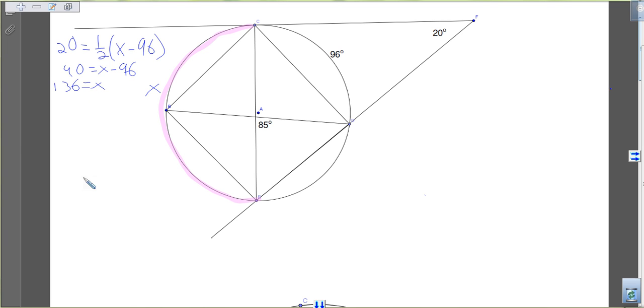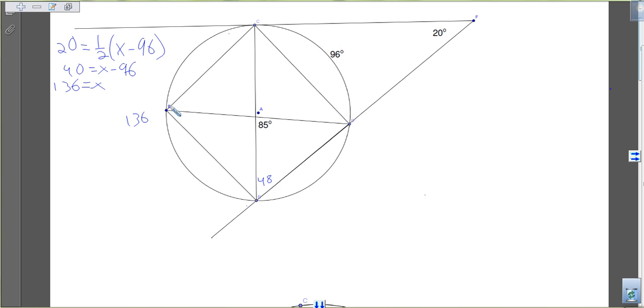Now, there are other ways I could have gotten to that, but I like using that method because now, as I go through and figure out the rest of these pieces, I can actually use that 136 to solve for them. Case in point. I know that this arc is 96 degrees. Well, that arc is actually formed by this angle here, which then means that its inscribed angle is divided by 2, so that's 48 degrees.